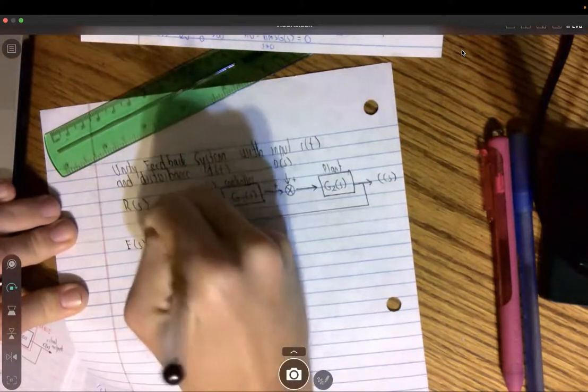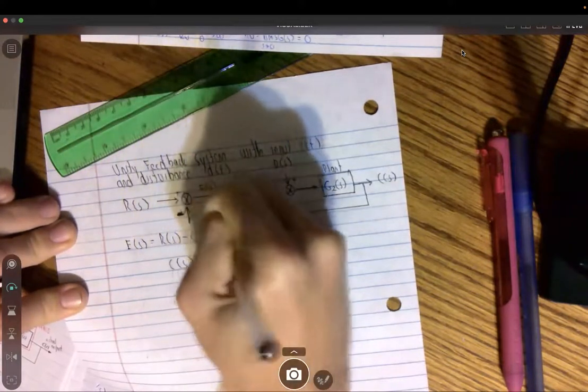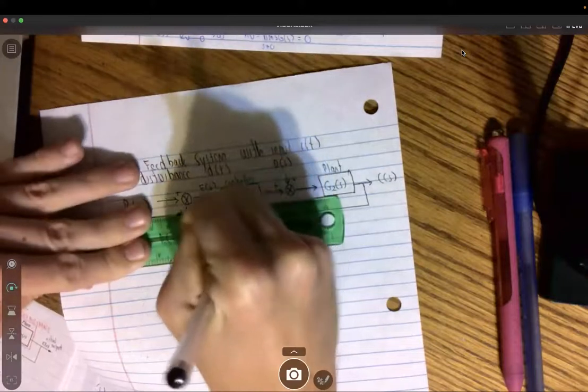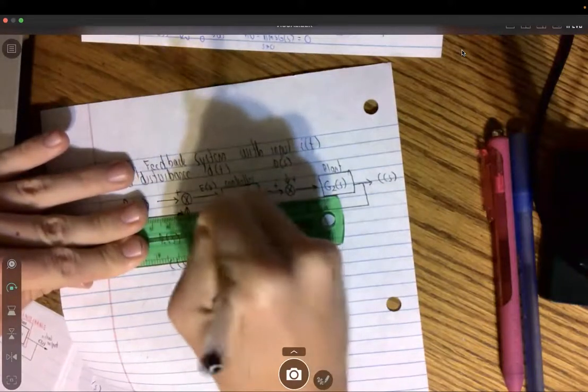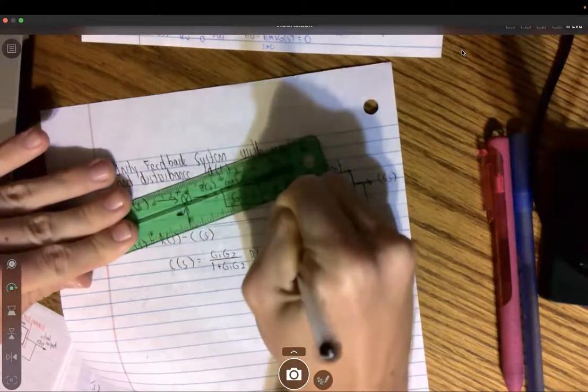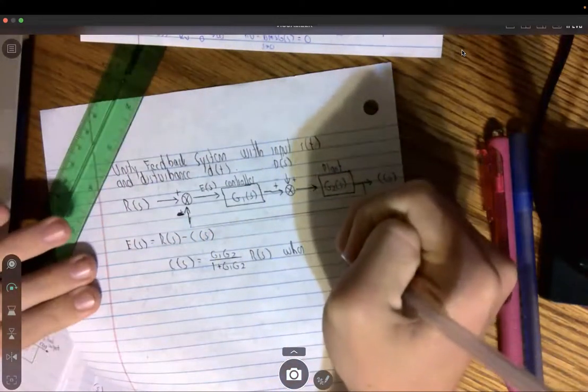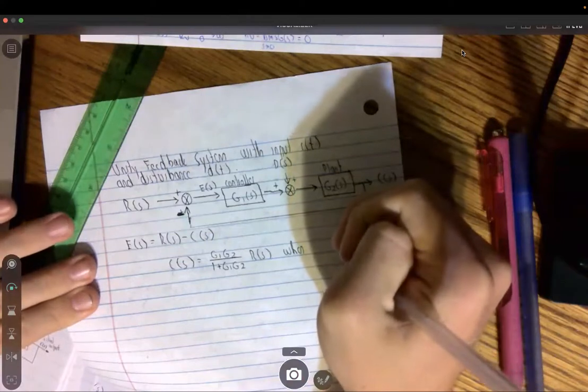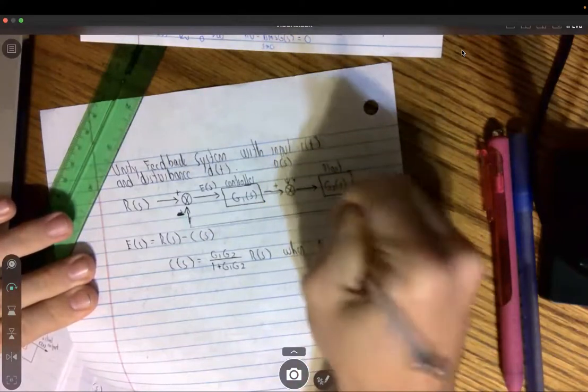So C of S is equal to G1 times G2 all over 1 plus G1 G2, times R of S, when your disturbance is 0.